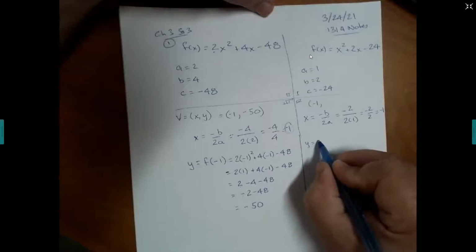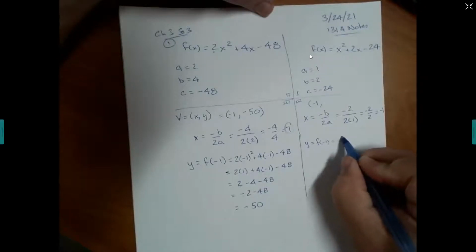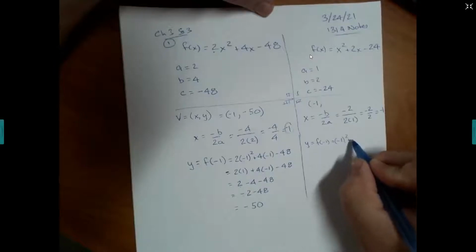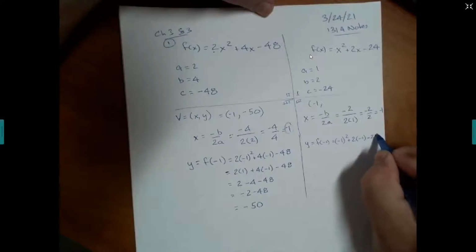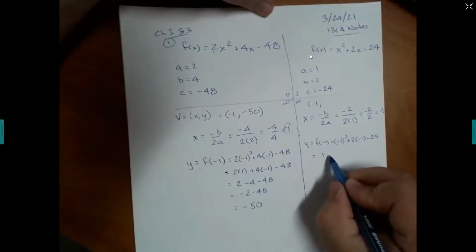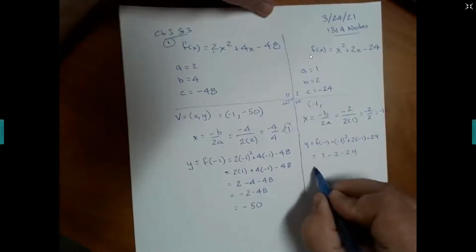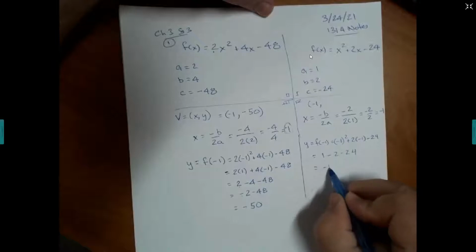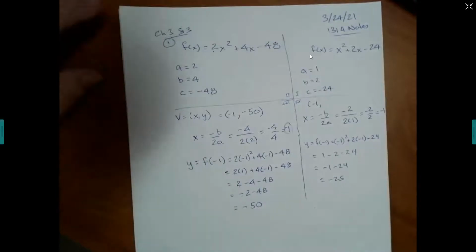So we have the same thing here at negative 1. Negative 1 squared, plus 2 times negative 1, minus 24. 1 minus 2, negative 1, minus 24 is negative 25.